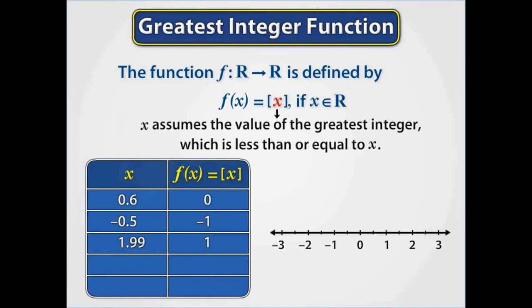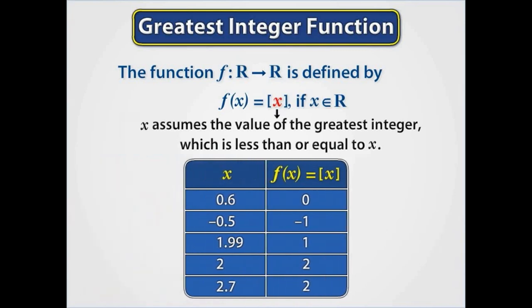For x equal to 2, the greatest integer which is less than or equal to 2 is 2 itself. For x equal to 2.7, the greatest integer which is less than or equal to 2.7 is 2. Observe that this function rounds down every decimal value of x to the nearest integer.